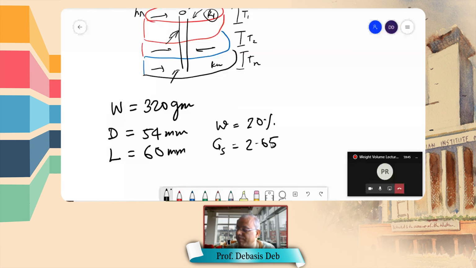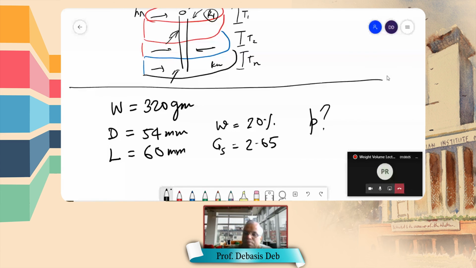Find n. This is the problem. What will be the porosity?